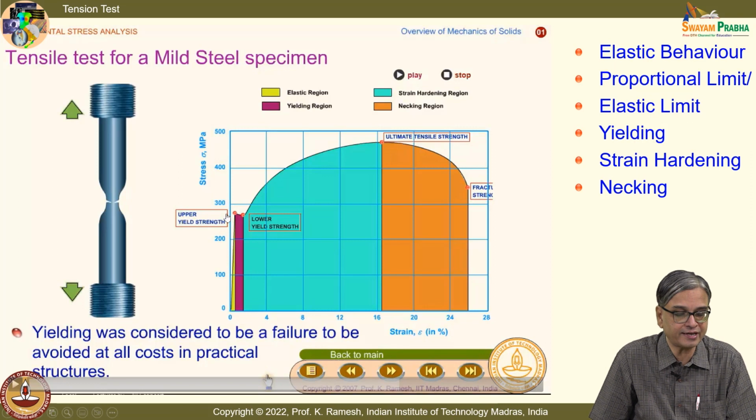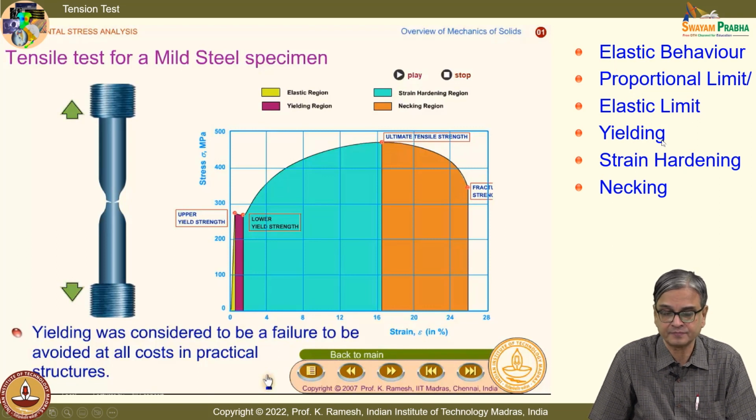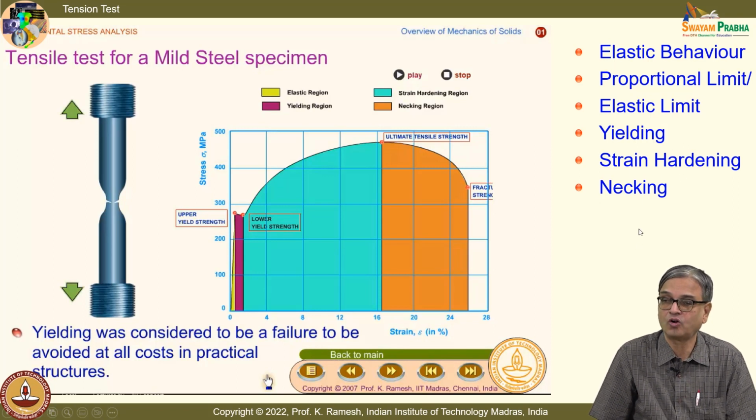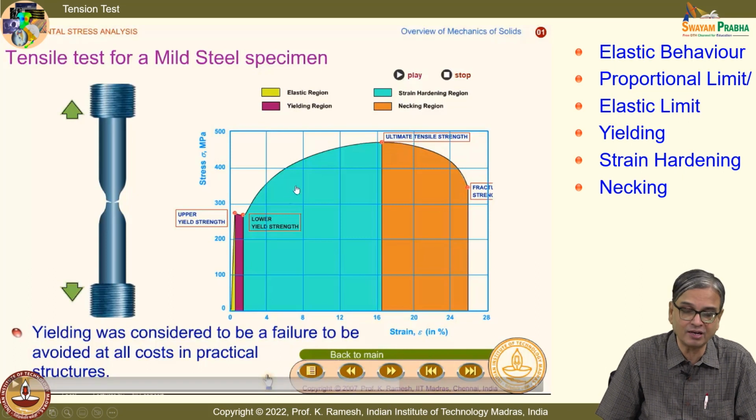This has a peculiarity, it has a very sharp definition of what is a yield strength. So we have to recognize in a tension test what is an elastic behavior, what is a proportional limit or an elastic limit, what is yielding, what is strain hardening, and what is necking. All these aspects we will have to learn from this simple graph.